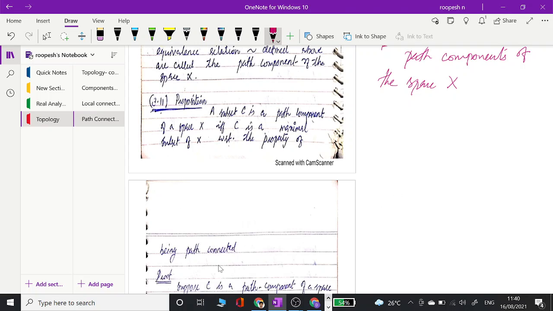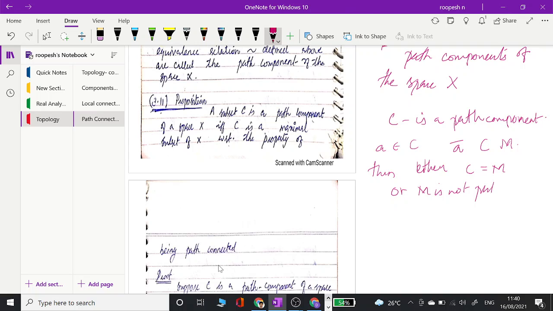That means if C is a path component, which means an equivalence class, and A belongs to C, and the equivalence class of A is contained in some other set M, then either C equals M or M is not path connected.